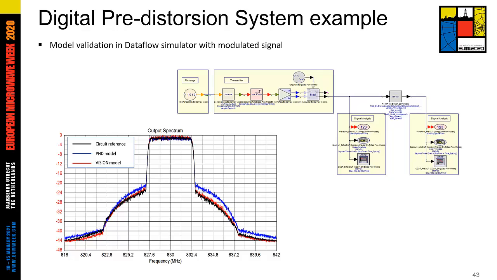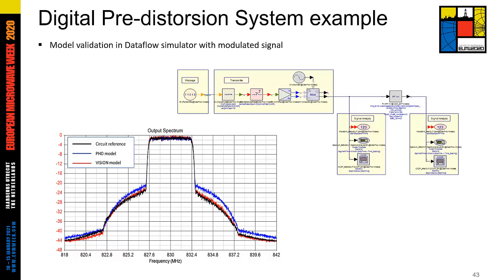In this example, we integrate the Vision model into SystemVue and compare the output spectrum of the circuit obtained from a circuit envelope simulation in ADS, and also the Vision model and the static PHD model. The signal used is a 64 QAM modulation with a 5 MHz bandwidth.